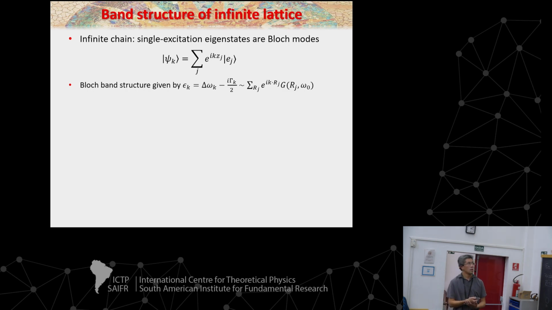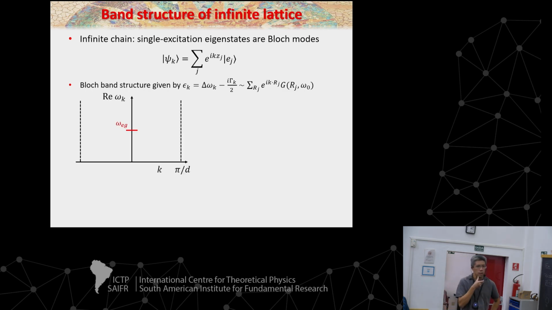Okay. So you can try to do that calculation. There's no simple closed form for it, but you can try to do it numerically, for example. And you get something like the following. So what I'm going to plot here, just for the sake of argument, is the real part of the energy. And then later on, I'll talk about the imaginary.